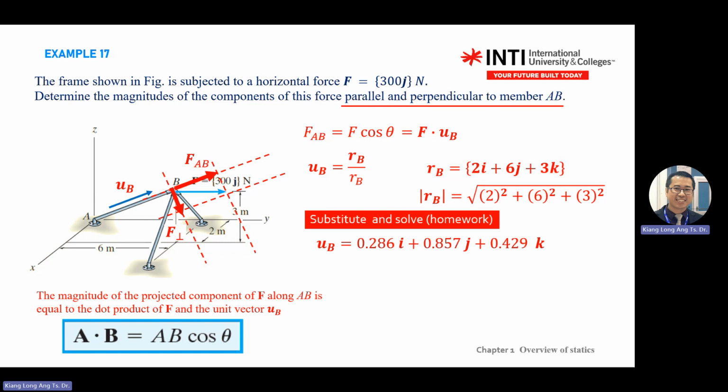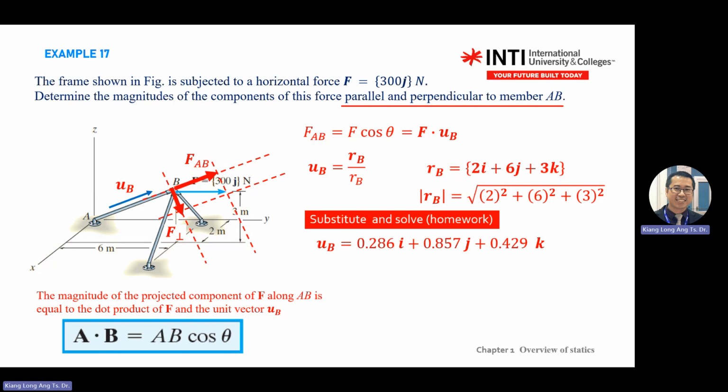Or you can put it in fraction form if you want. This is just to show you, if you use decimals, at least 3 decimal places or 3 significant figures for this module. Once you have this, substitute it here. You have a dot product.